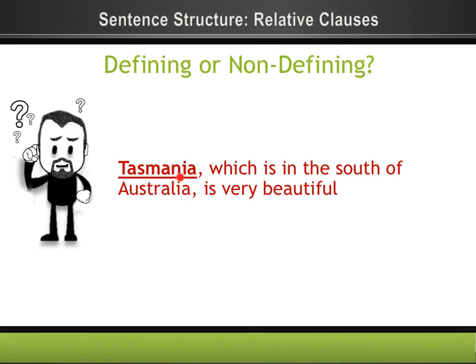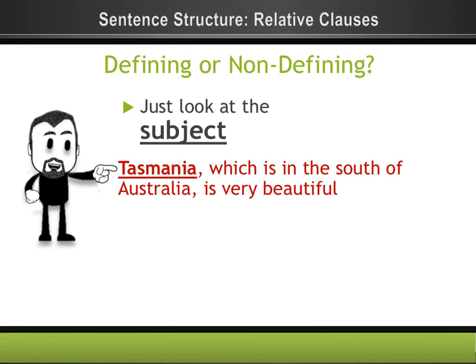The beginning of the sentence is all I need. I actually don't need to look at anything else. All of this is very interesting, but this is the only thing I need to see. If I see the word Tasmania, I think, is that a name? If it is a name, then it is commas. Yes, name? Yes, commas.